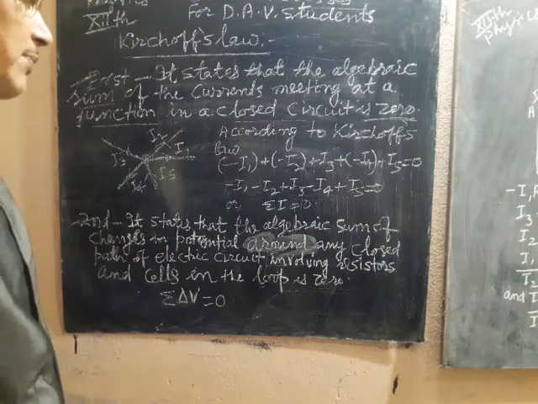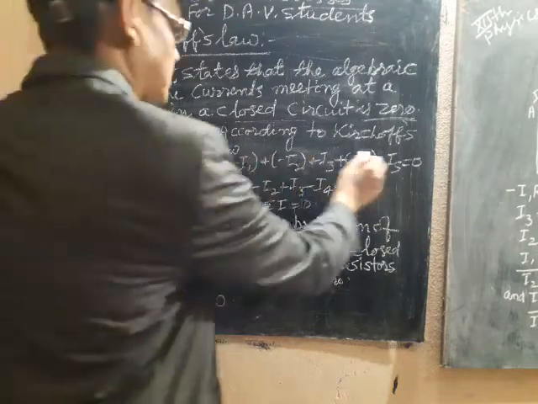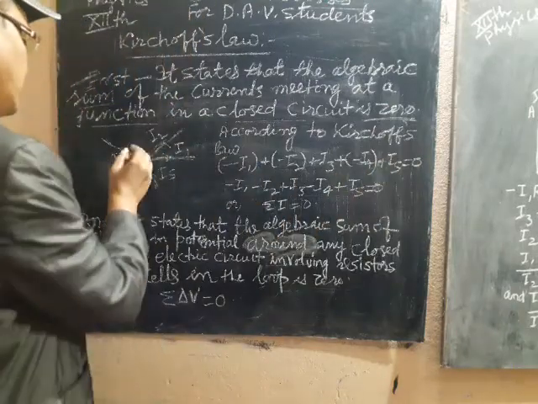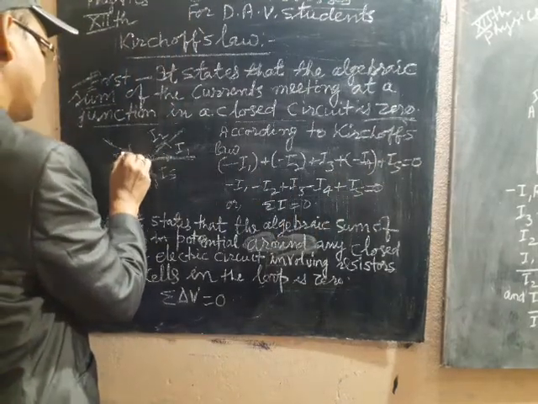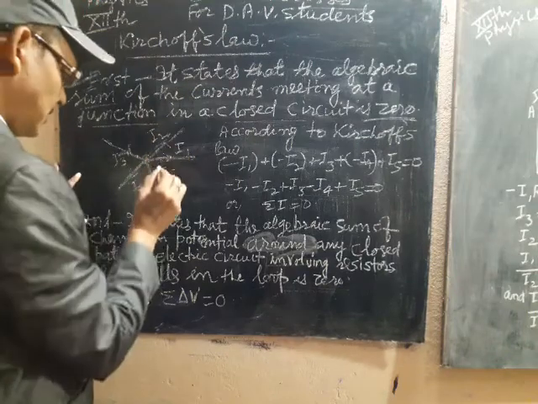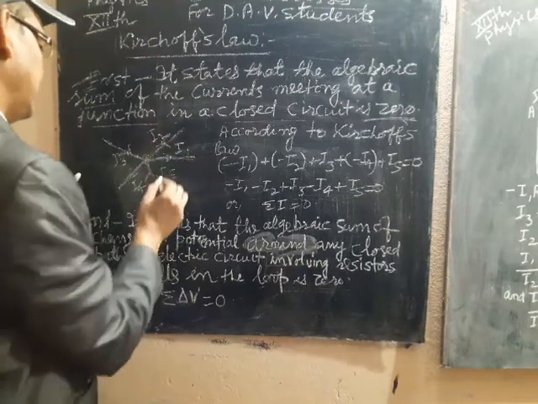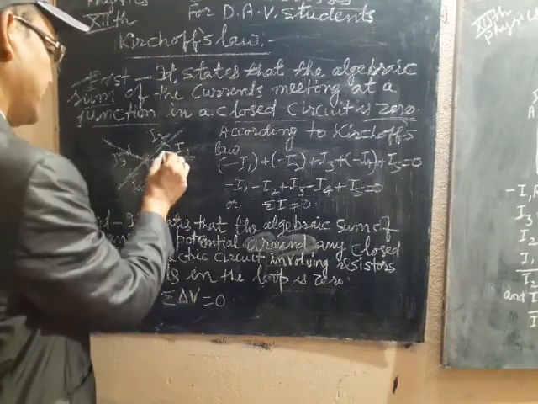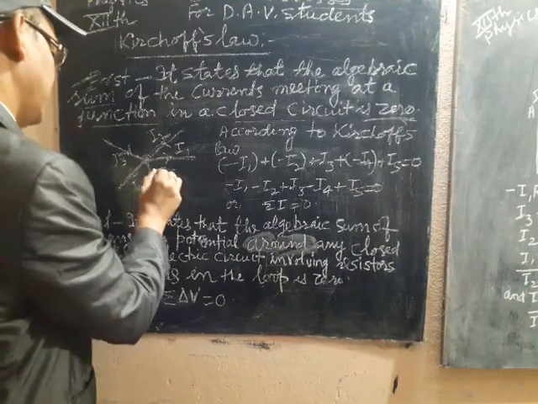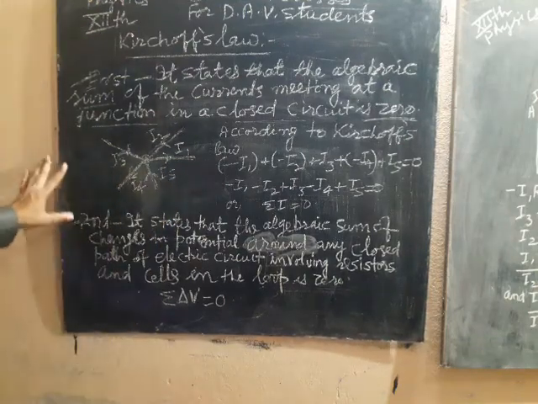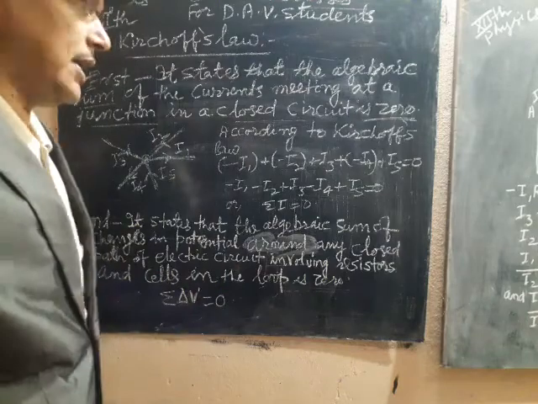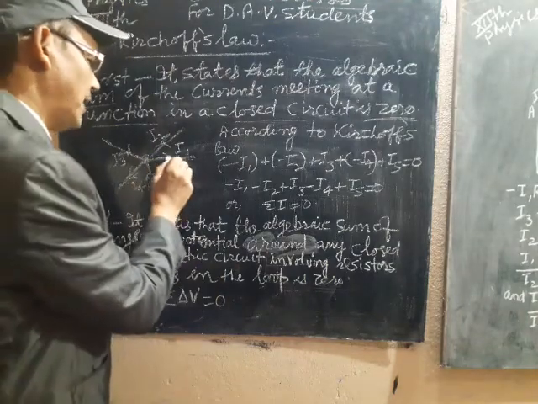Now the mathematical form according to Kirchhoff's law. Here you will observe this thing. Current is coming and current is going. If current is going outside, it means there will be minus.